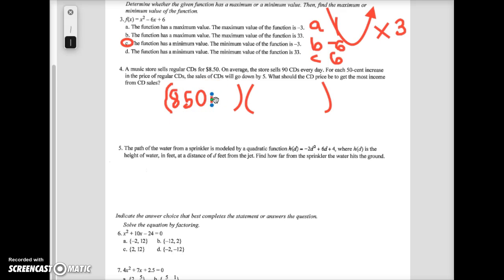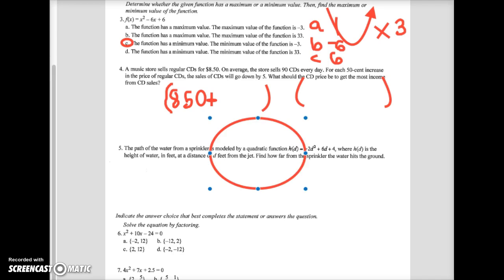And then we are going to add to that the price. Since this is $8.50, we're going to add to that the 50-cent increases. I'm running out of space, so I'm going to pull this stuff over here. The pen really does not want to do any decimal values.